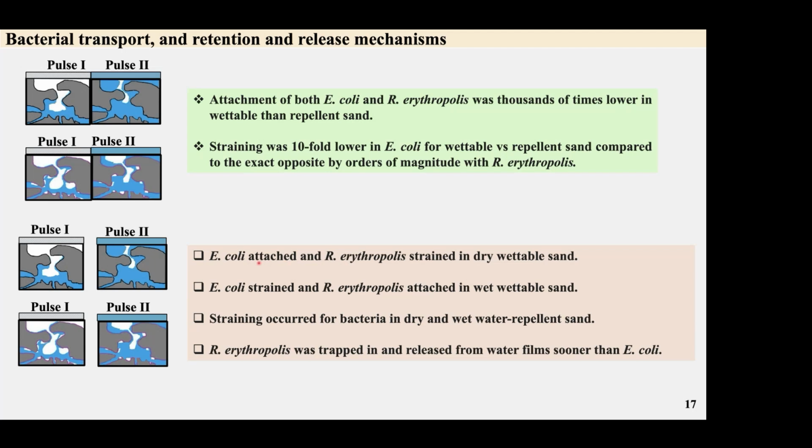Meaning that E. coli was physicochemically retained in the dry condition of sand columns, but Rhodococcus strained, while when the soil got saturated, E. coli strained and Rhodococcus attached.